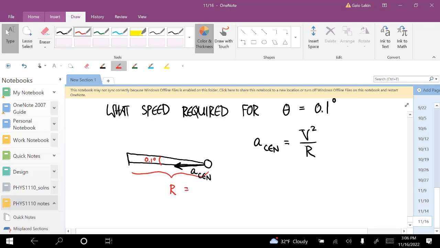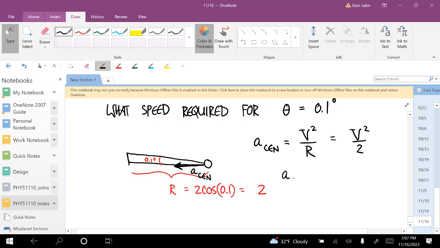And r is equal to 2 times the cosine of 0.1 degrees, which is almost exactly 2, because that's such a small angle. And so this centripetal acceleration is v squared over 2.